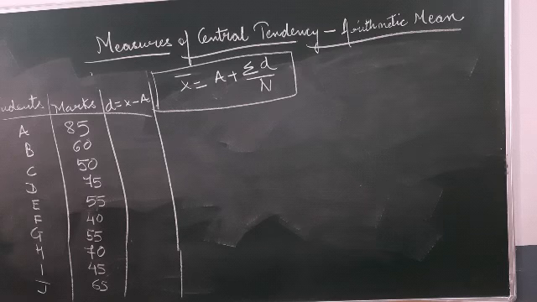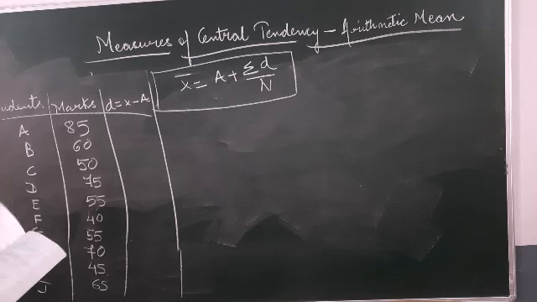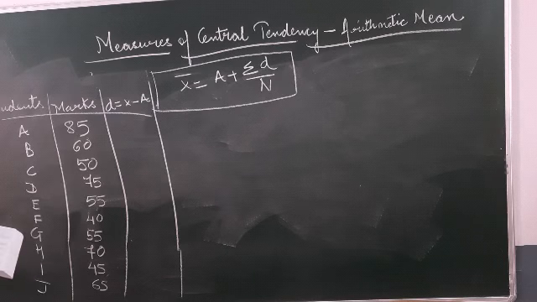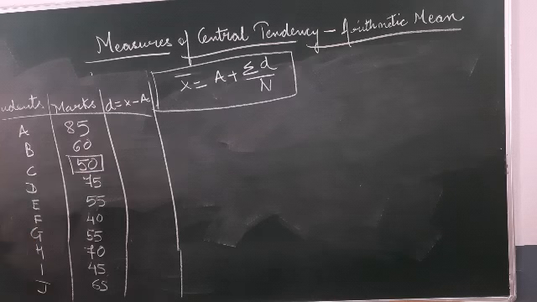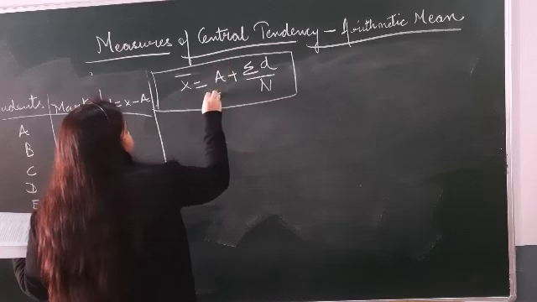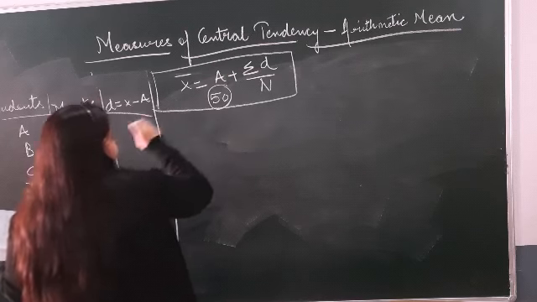Got it? Now what you will do? You will calculate D. I have already written x minus a over here. We are taking 50 as the assumed mean, so A is 50.